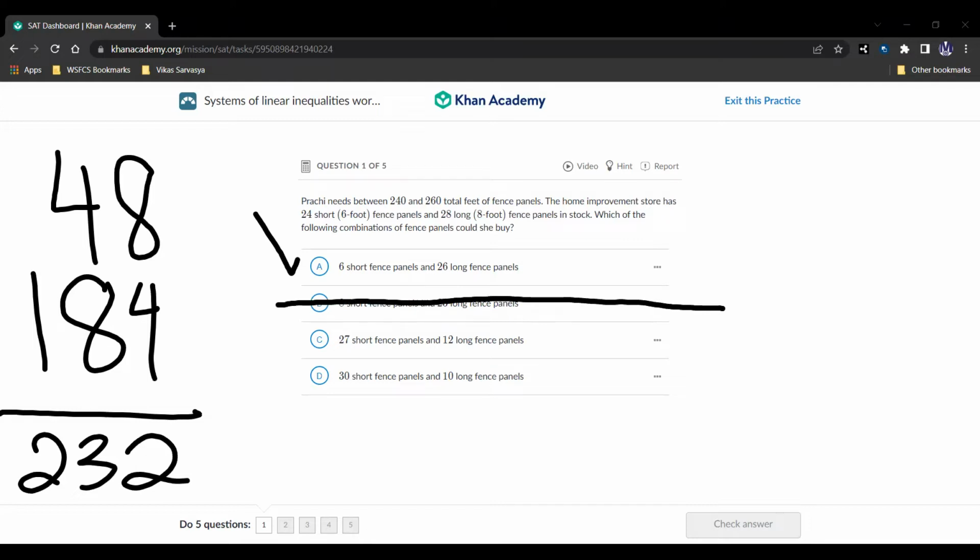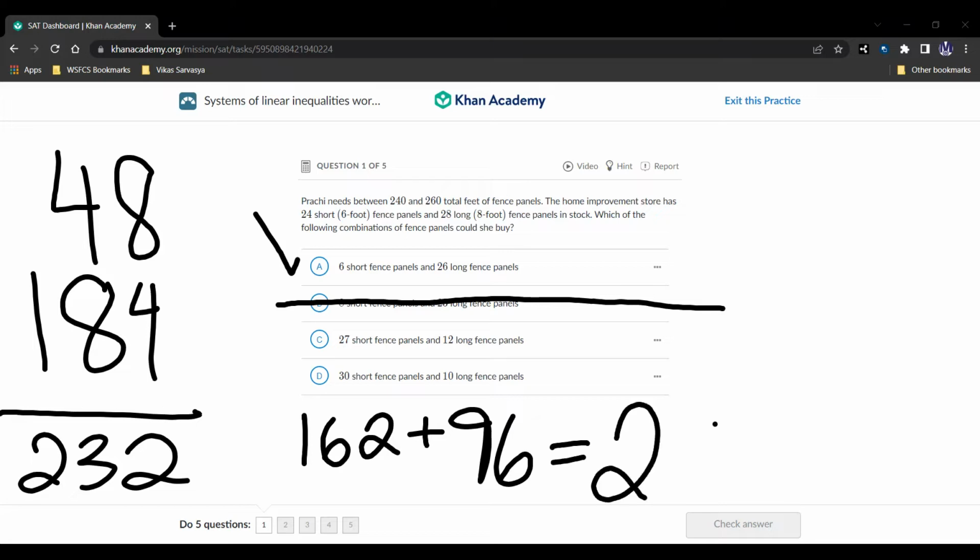Not enough. And then we look at the next one, 27 short fence panels. 27 times 6 is going to be 162, plus 12 long fence panels is going to be 96. We add that together and we get 258. Right, so this one also works.